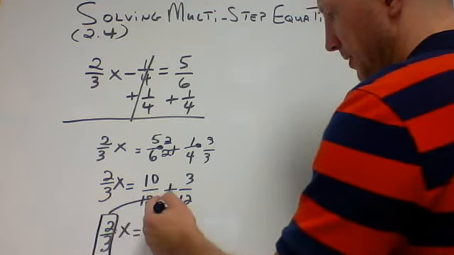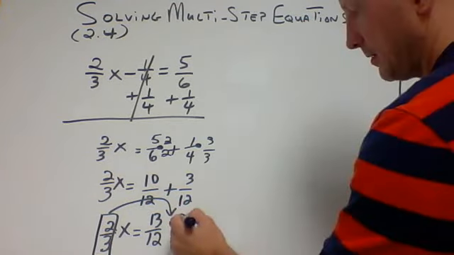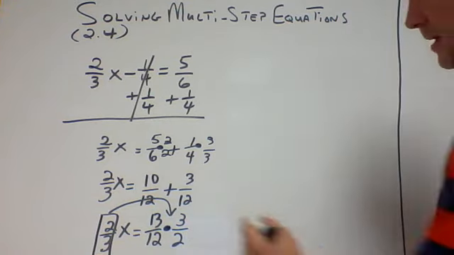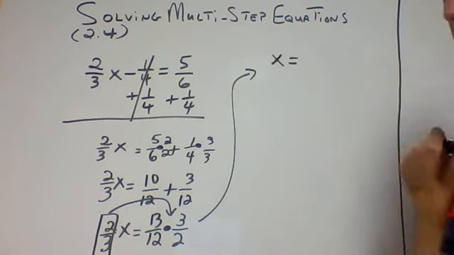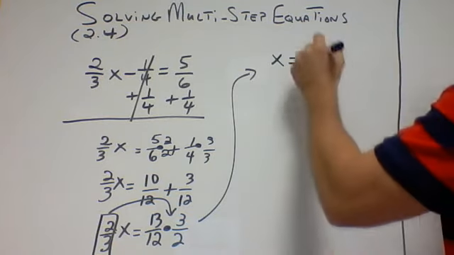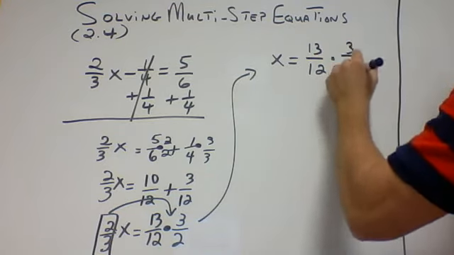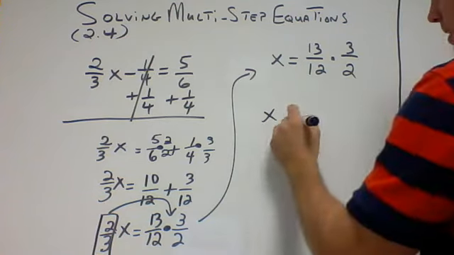So I pick it up, bring it on the other side, I flip the fraction, so I get 3/2 over here, and I know I'm multiplying. And I'm going to move up here for more room. So then I finally have x equals 13/12 times 3/2. And now I'm going to start simplifying and multiplying and get my answer.